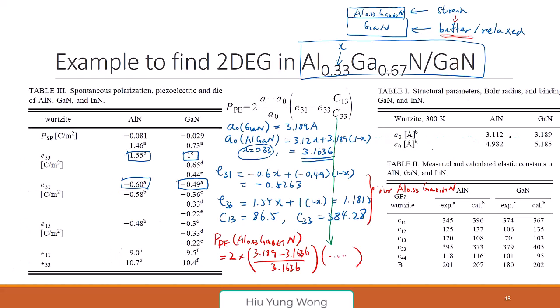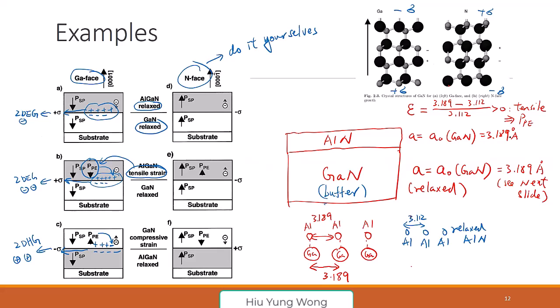If you forgot, take a look at this picture. That's what we did just now. That gives you the electron density.